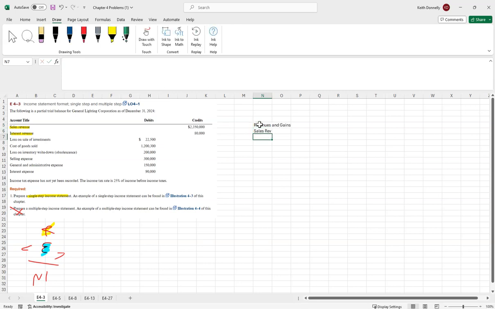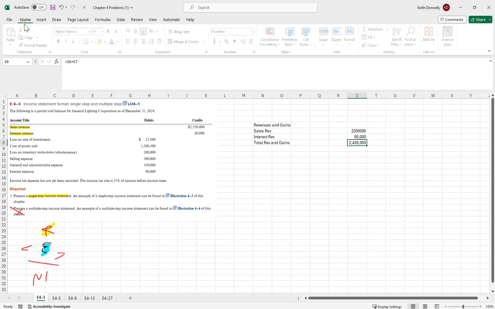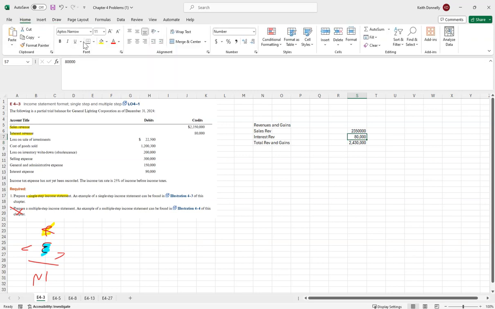We'll have our sales revenue and then our interest revenue. That'll get us our total revenue and gains. So we can just pluck this from over here, 2350, 1, 2, 3. There we go. Interest revenue of 80,000. We'll add them together, and we're looking at 2,430,000.